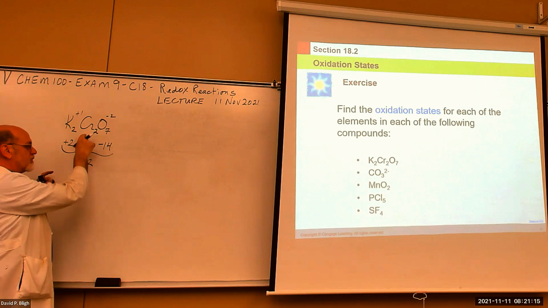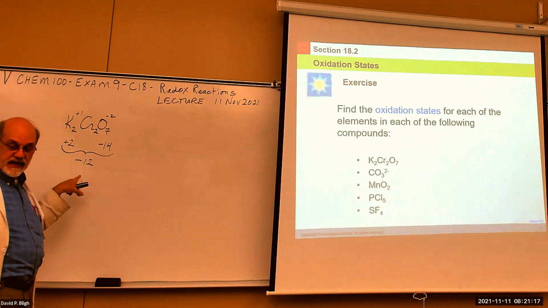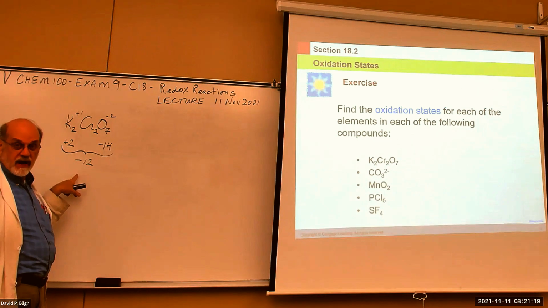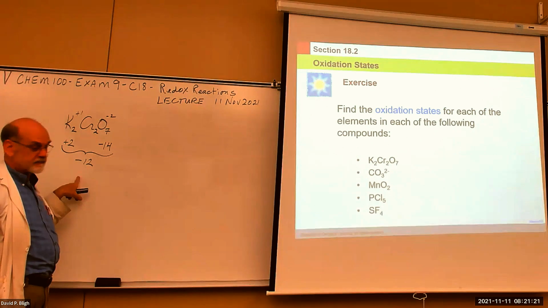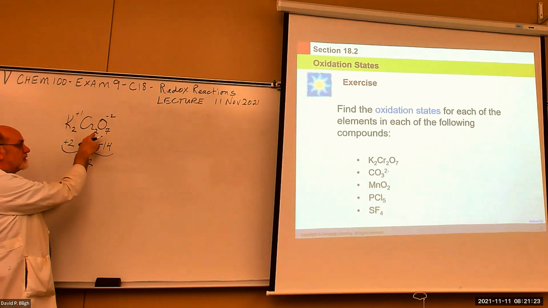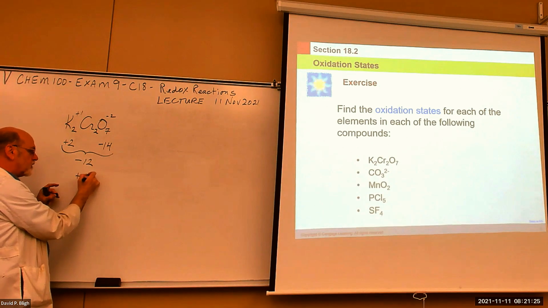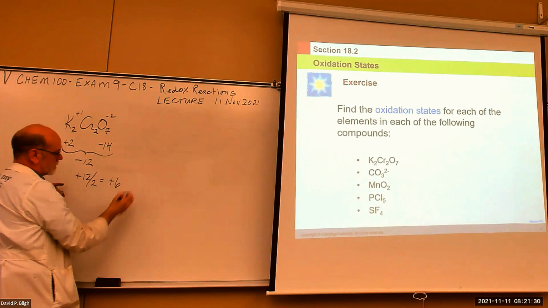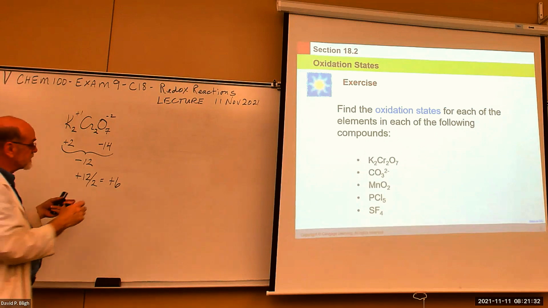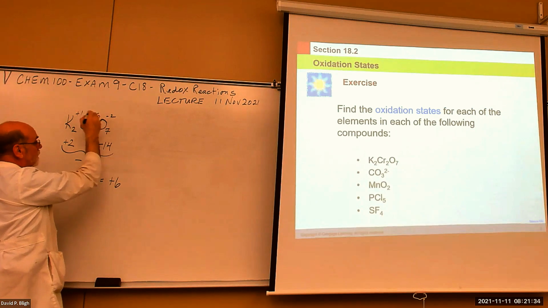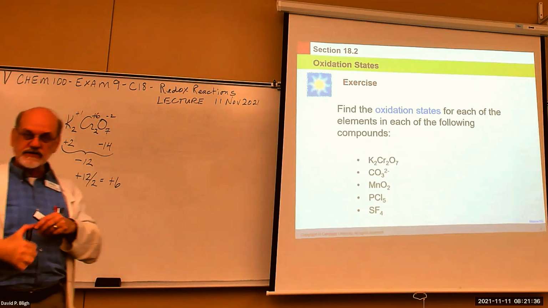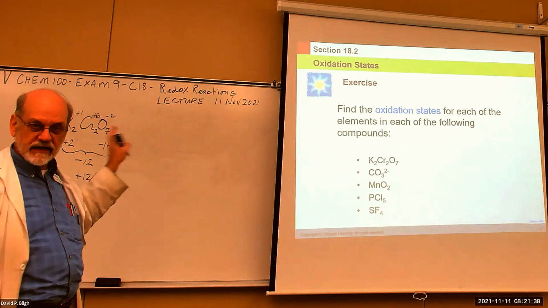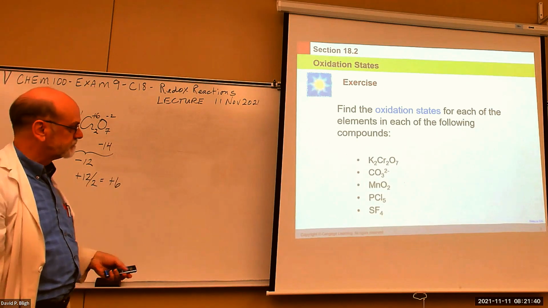So these two chromiums have to balance that -12 with a positive oxidation state. We need +12, but we've got 2, so each one is +6. That is the oxidation state for chromium in this compound.